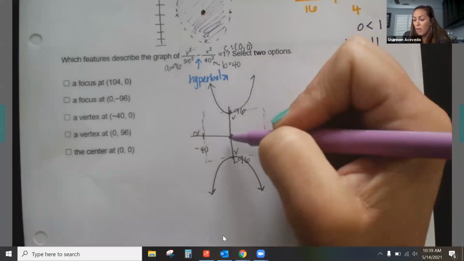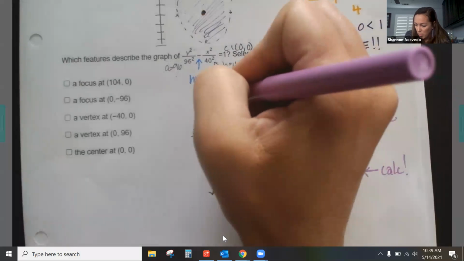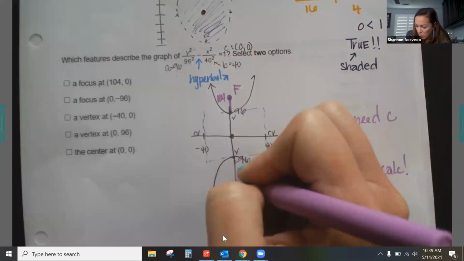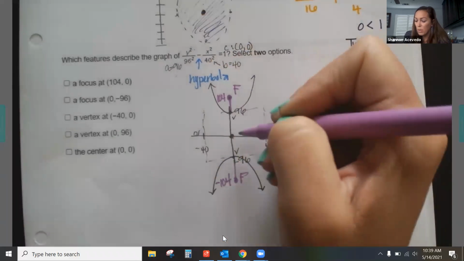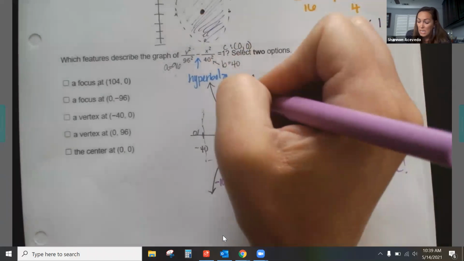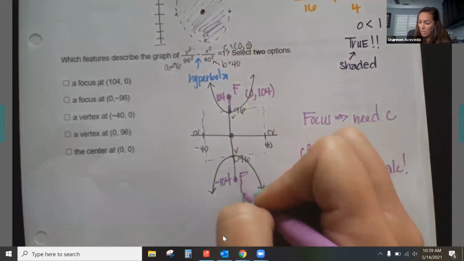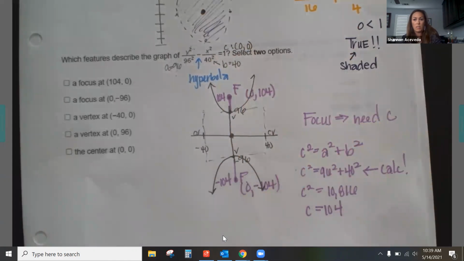That means I'm going to go from my center up to 104, and I'm going to go down to negative 104. So this point right here is going to be 0, 104, and this is going to be 0, negative 104. Why did I make sure to write it out like that?